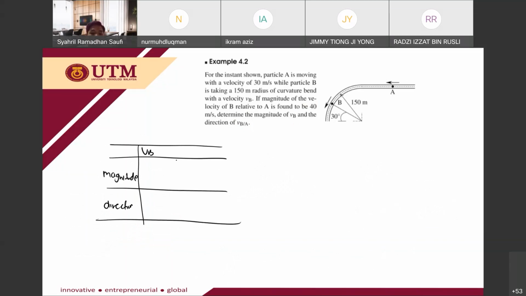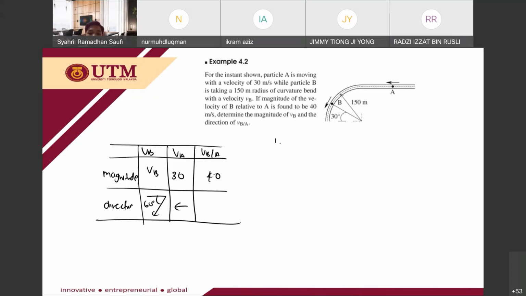Here is VB, here is VA, and here is VB through A. Here VB is unknown with direction 60 degrees, VA is 30 to the left, and you know here is 40.